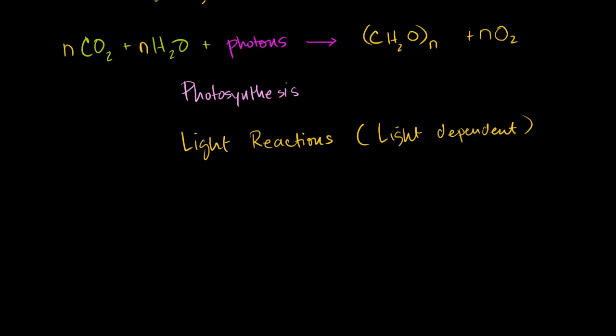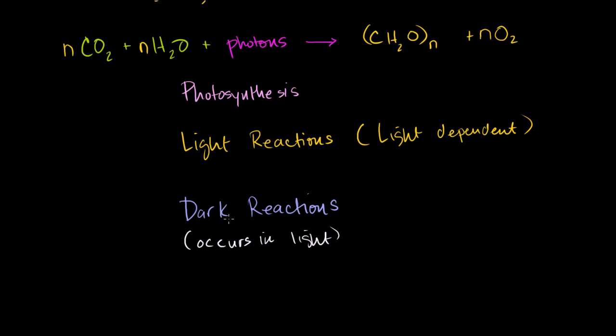And that's actually a bad name, because it also occurs in the light. I wrote it in a slightly darker color. And the reason why I said it's a bad name is because it still occurs in the light.